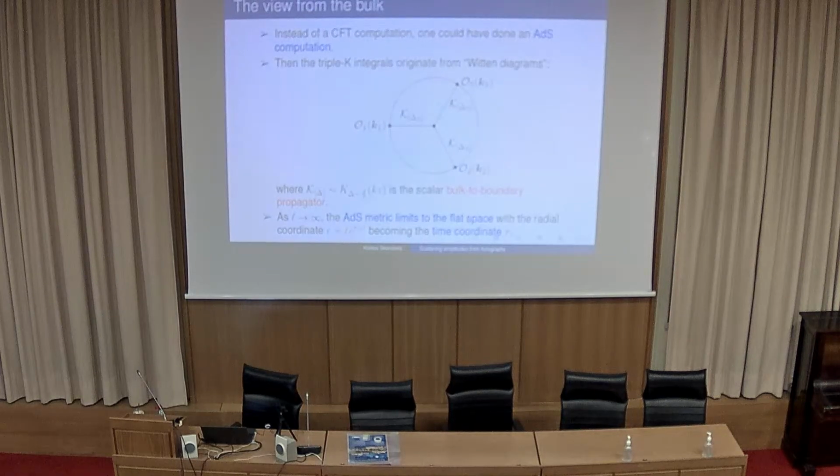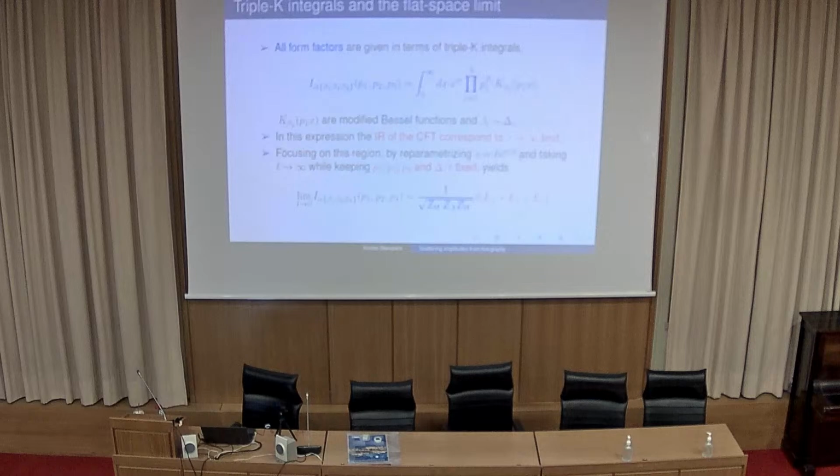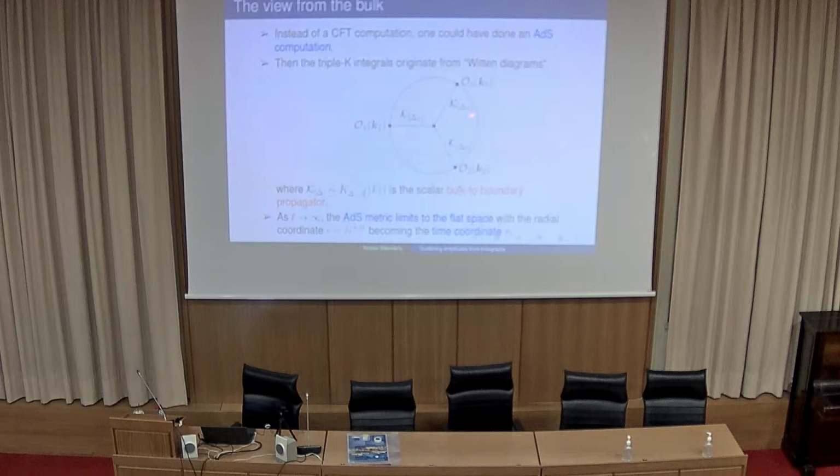Usually in most of the AdS/CFT literature, people do these computations in position space. But if you Fourier transform the bulk-to-boundary propagator, you get these modified Bessel functions. And then the integration over this bulk vertex is giving you this integration over here, where x now is the radial coordinate of AdS.